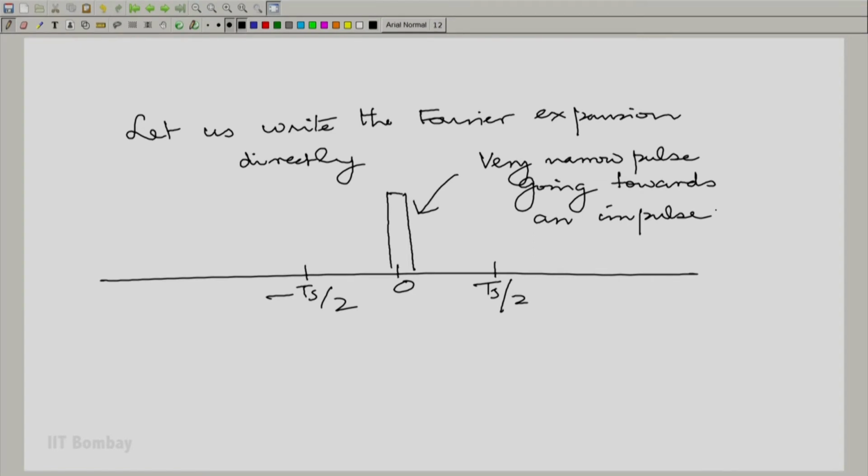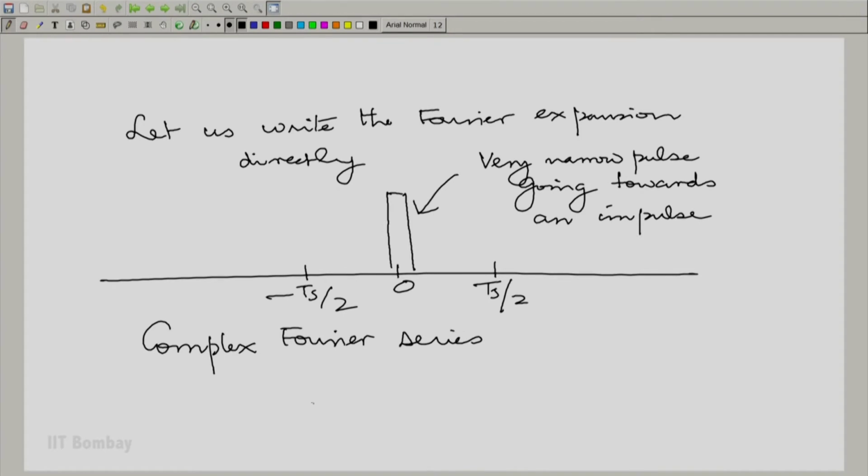They are not functions in the true sense, but let us do that because it does not really do any harm per se. So, how would we write the Fourier expansion? Let us write this time, for variety, the complex Fourier series. We know how to do that. That is easier to do also here.